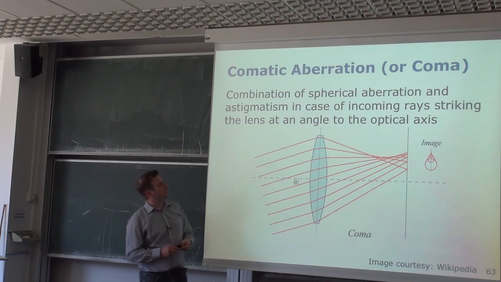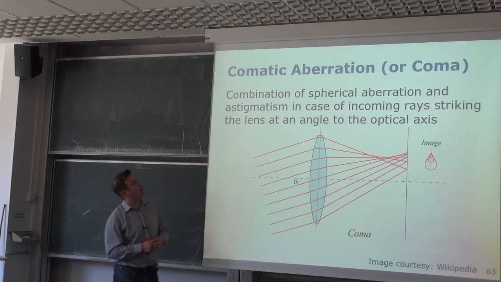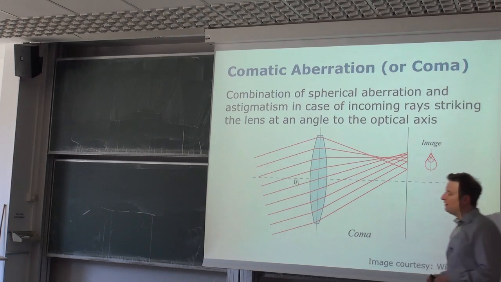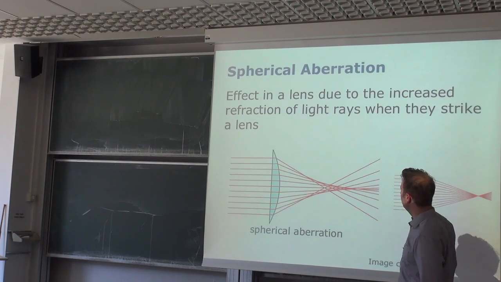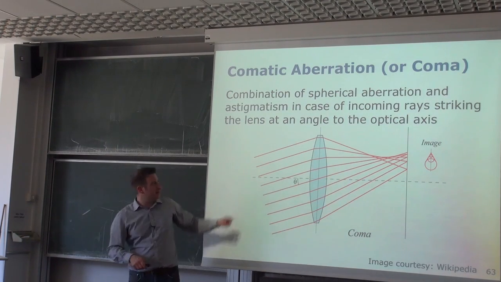And the last, or more or less last, is what's often called a coma or chromatic aberration. This is actually a combination of the spherical aberration, which was this effect over here, and an astigmatism.